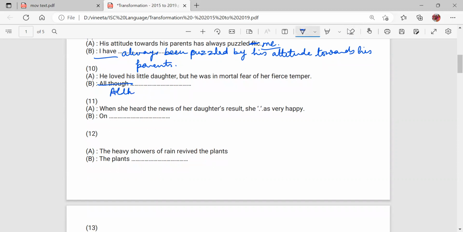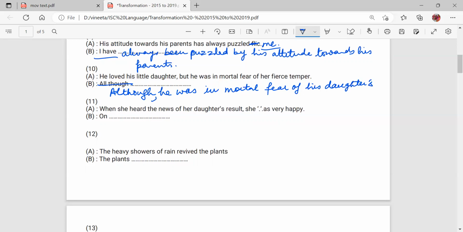Although he was in mortal fear of his daughter's fierce temper, comma, he loved her, or he loved his little daughter. You can do it both ways, right?